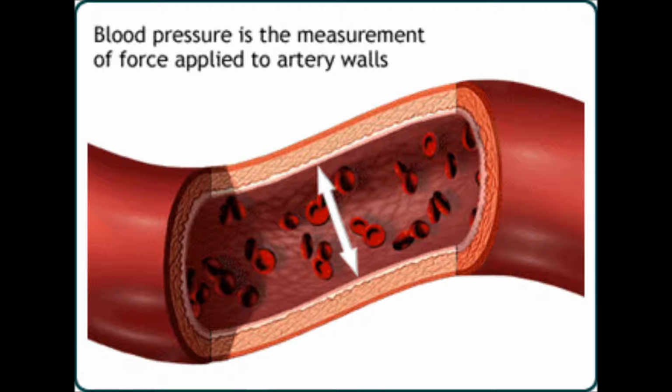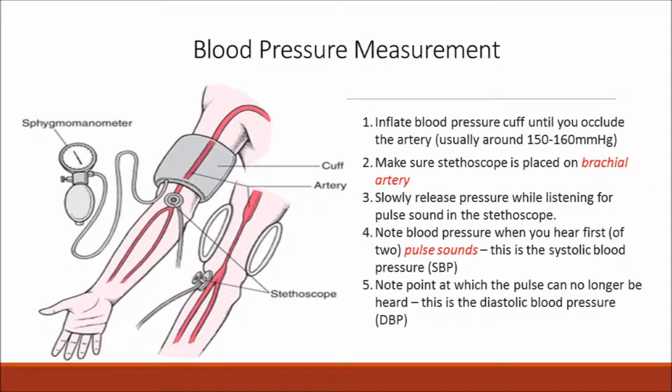Ideally, blood pressure should be great enough to circulate blood, but not so great it creates stress for the heart and blood vessels. Arterial blood pressure is measured within the brachial artery using a sphygmomanometer or a blood pressure cuff and a stethoscope.